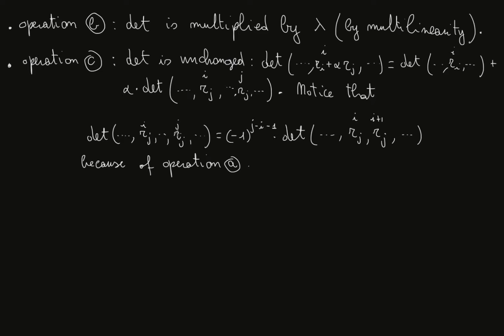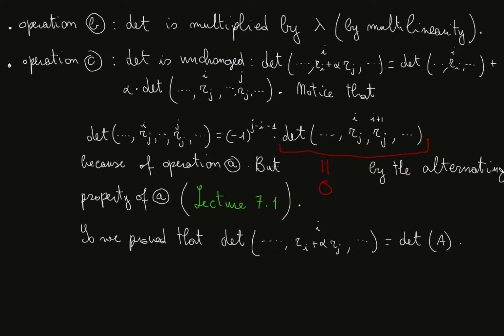We just kept applying the operation A to these n vectors we considered before, this number of times, so j minus i minus 1, until this Rj vector is in position i plus 1. Now we know that the determinant of n vectors, two of which are consecutive and equal, is going to be 0, and this is precisely the alternating property that we mentioned in the operation A. We covered this in lecture 7.1.